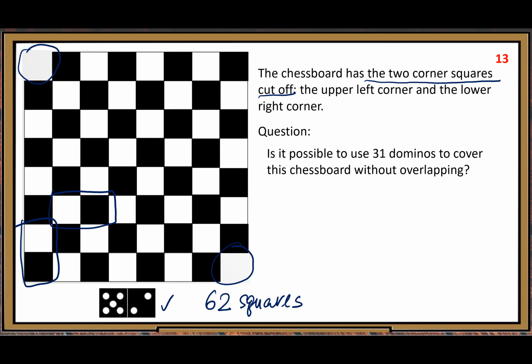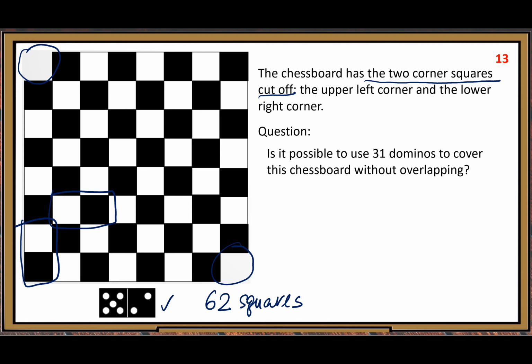You cannot have overlapping, because then you cannot cover the whole chessboard, right? So we want to see if it's possible. If it's possible, you need to show me how to cover it. If it's impossible, you need to explain to me why it is not possible.